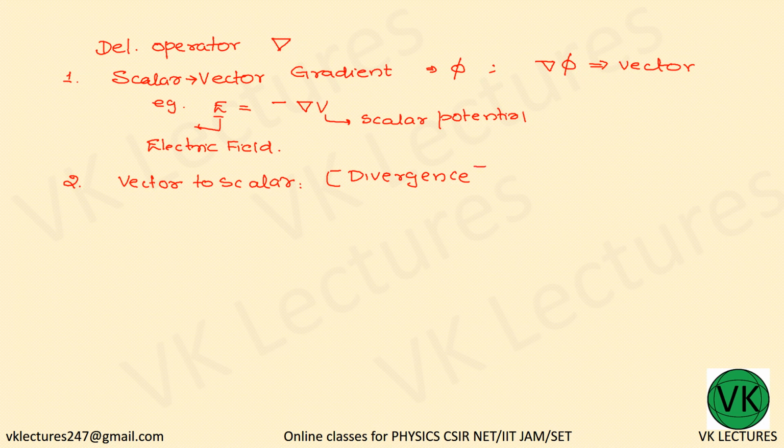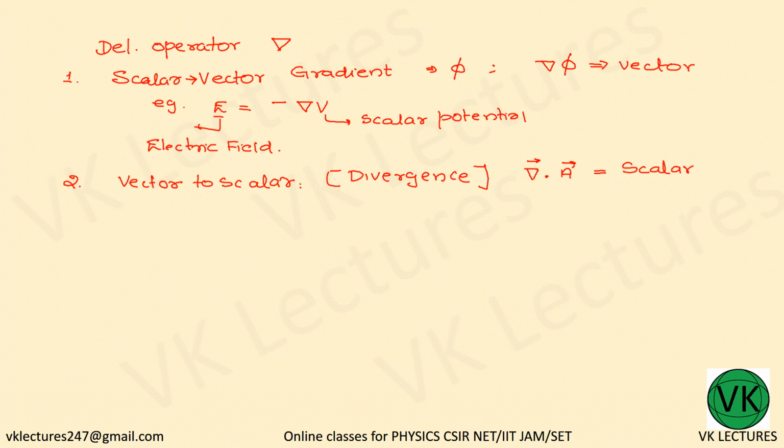Now divergence of a vector, we are converting a vector to scalar. So we say divergence of a vector. So del dot A. A is a vector. We are getting a scalar quantity.